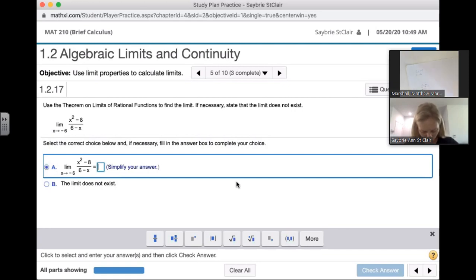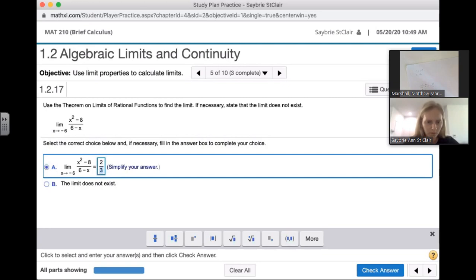So 36 minus 8 gives me 28 divided by 12. So maybe you could write that as a fraction. That little fraction button down there. 28 twelfths.